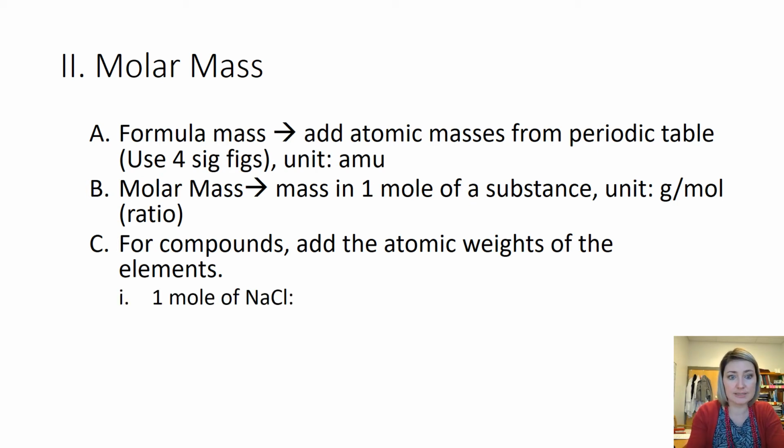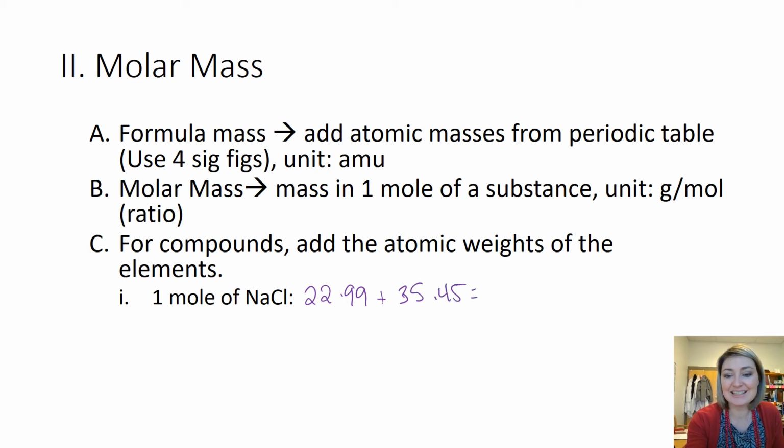So let's start simple. 1 mole of NaCl. Well, what I need to do is I need to find the mass of a sodium and the mass of a single chlorine, add those together, and I have the molar mass. So looking at my periodic table, sodium is 22.99 rounded to 4 sig figs, plus chlorine, which is 35.45.